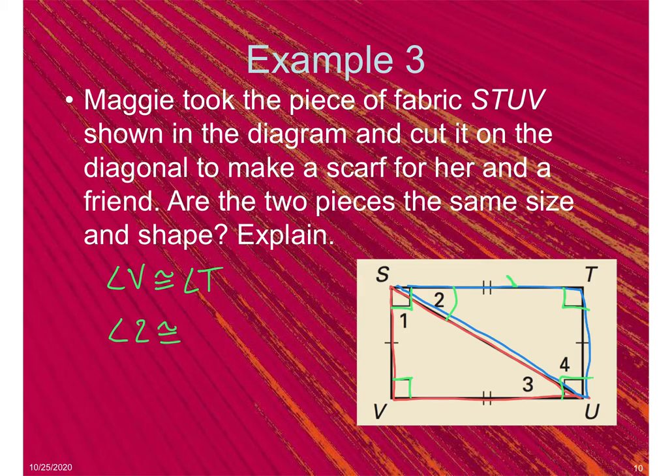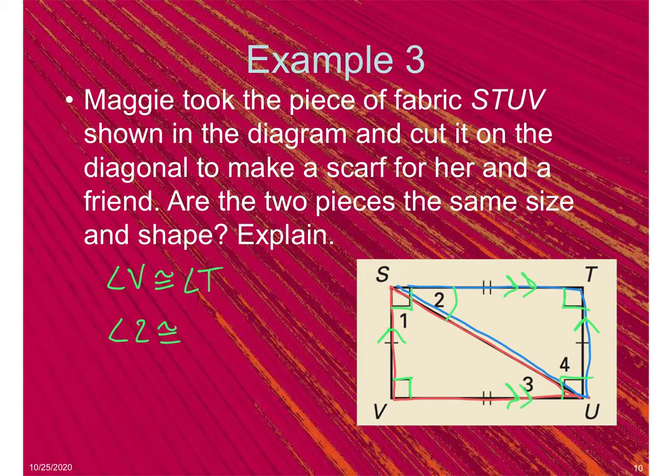So all of them are parallel to the lines that are across from them, okay? So TU is parallel to SV because they're both perpendicular to ST. ST is parallel to VU because they're both perpendicular to TU, okay?